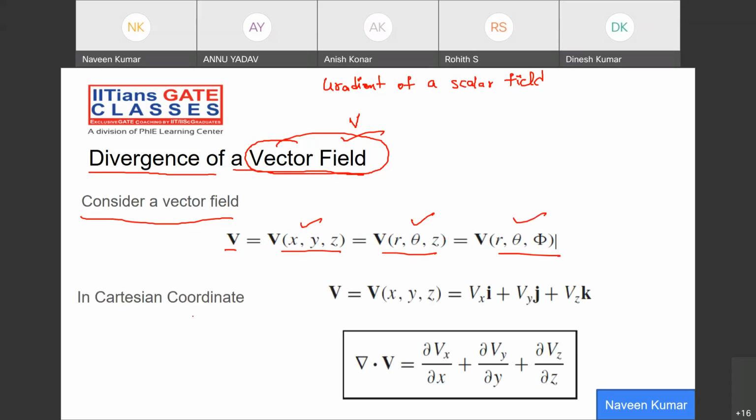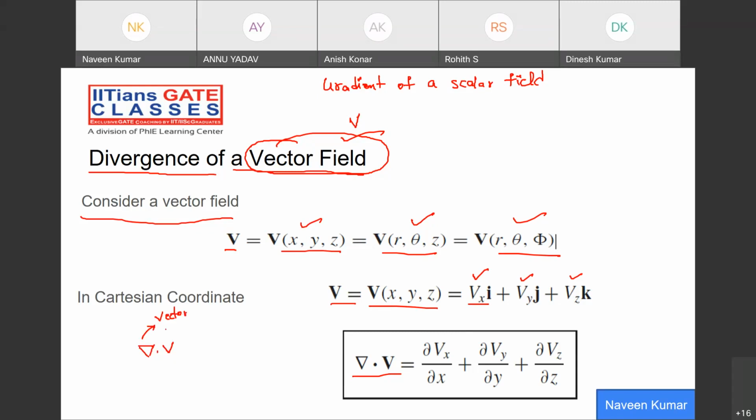Then, in Cartesian coordinates we will see this V: the x component of the velocity, the y component of the velocity, the z component of the velocity, right? So you can find del dot V. If you are finding del dot V, what is del? Del is a vector quantity, right?